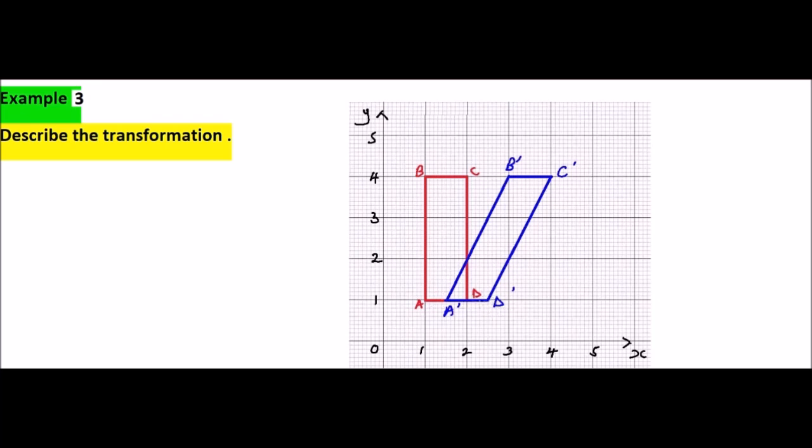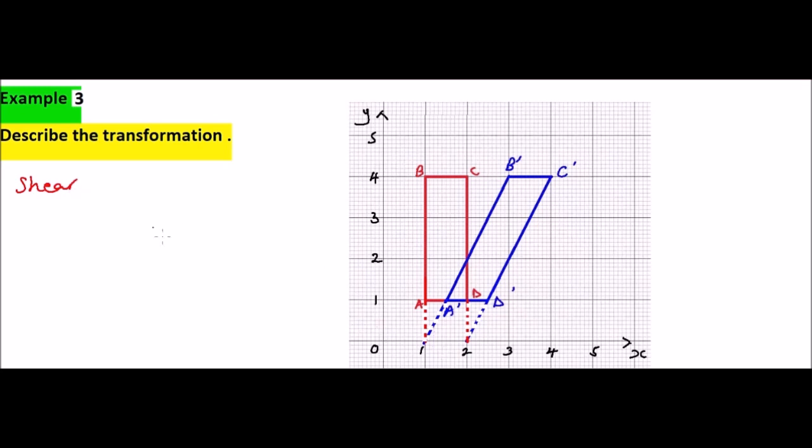So what we're going to do here is extend these lines and see where the line AB and A prime B prime meet, and also where CD and C prime D prime meet. Once we extend these lines, they will meet at the x-axis, or y equals 0. So we can now see clearly that this is a shear.